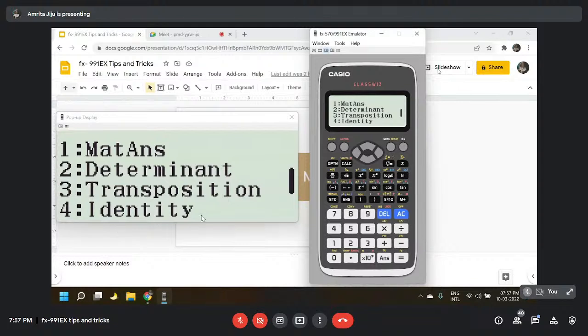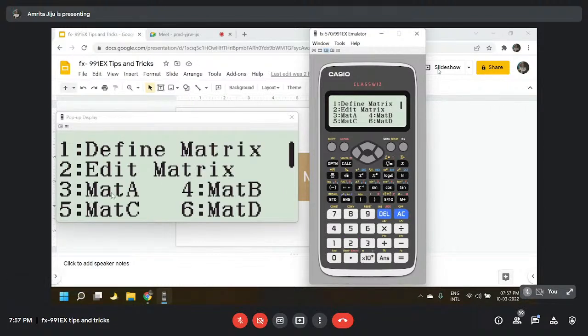So to find the adjoint of the matrix, we use the formula: inverse of A is 1 by determinant of A into adjoint of A. So to find the adjoint, we multiply the determinant with the inverse. So we say determinant of A into A inverse.